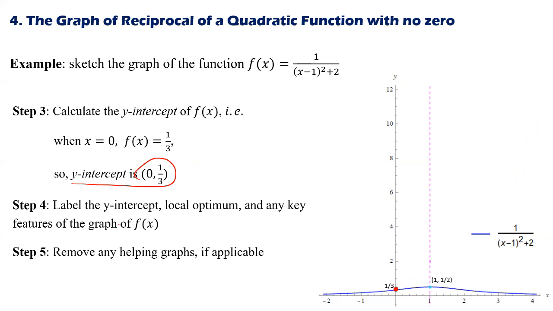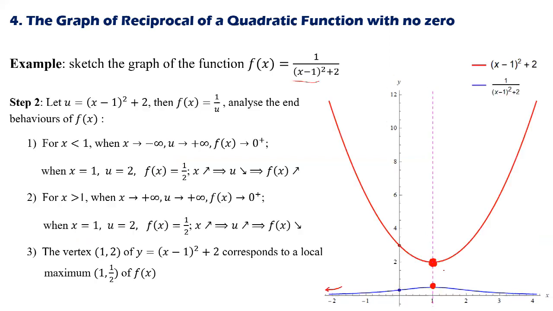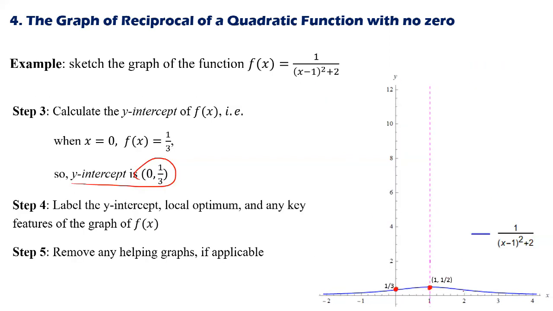And then label the y-intercept, local optimum and any key features of the graph of f(x). We have just calculated that the local maximum is 1/2, right? So let's label these 2 points here and then remove any help graph if applicable. So the blue curve shown here is the graph of f(x).